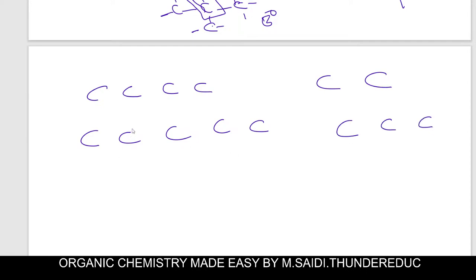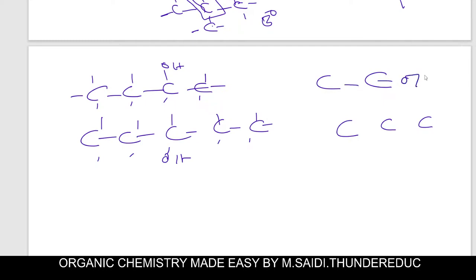Okay. If I have this, remember it is an alkane. Once one hydrogen is replaced, it becomes an alcohol. Yes, I have this. Now I put the OH there. What about this? These are two carbon atoms.